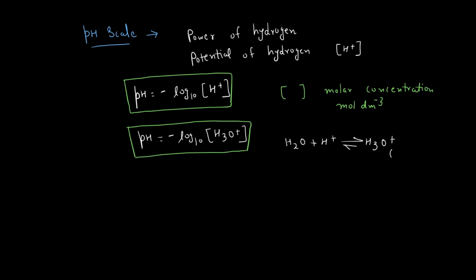This is my hydronium ion. So the concentration of H plus ion will be same as the concentration of H3O plus ion. So we can either put the H plus ion concentration here or H3O plus ion concentration. They both are same. These two formulas are given in your data booklet.